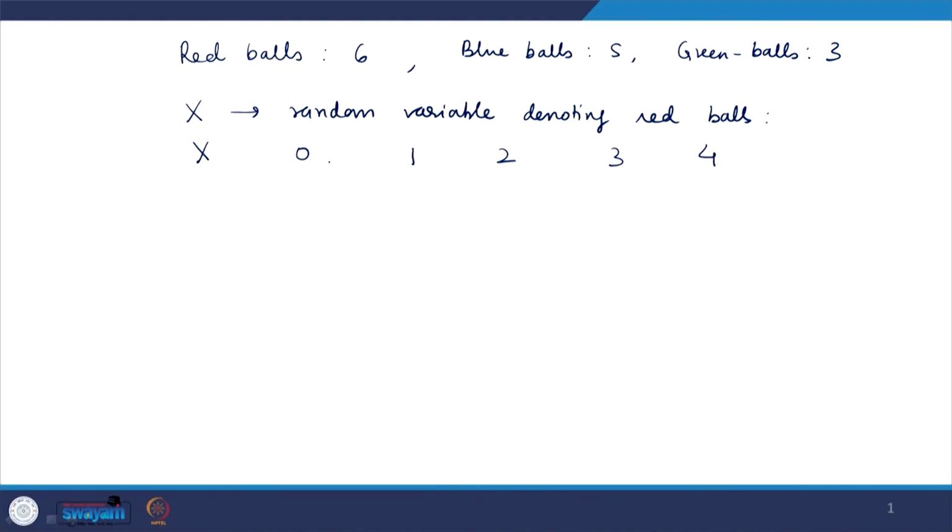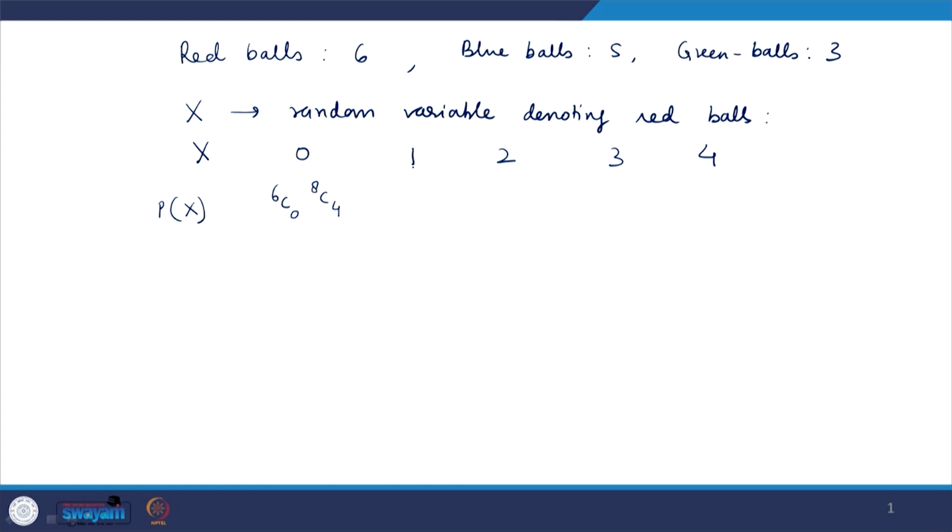So this random variable X can take values 0, 1, 2, 3, 4. Red balls are 6. What will be P_X of this? If we are taking out 0 red balls, then from 6 red balls we are taking 0 balls, and the remaining are 8 balls. From 8 we are taking out 4.